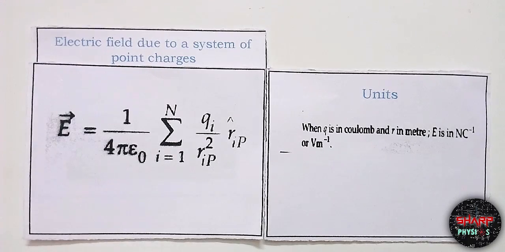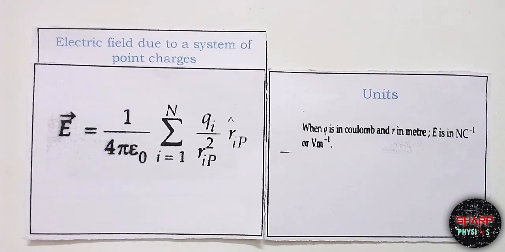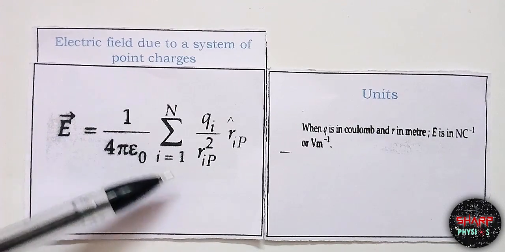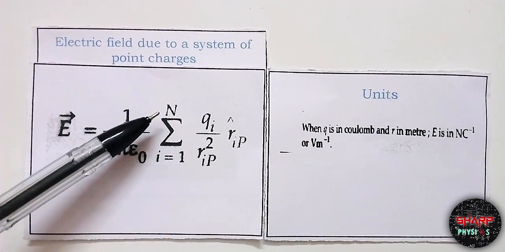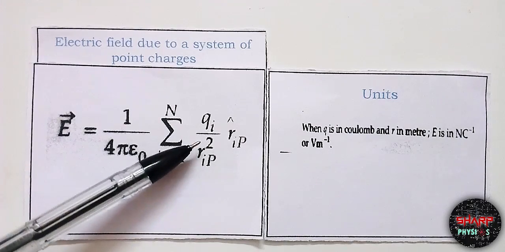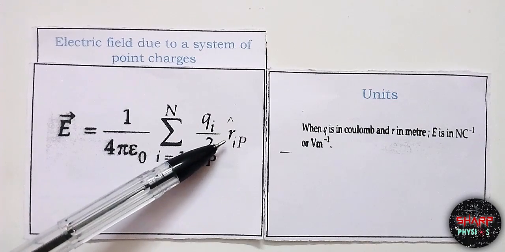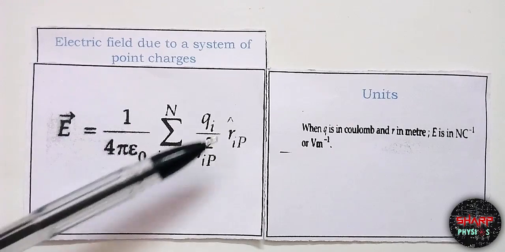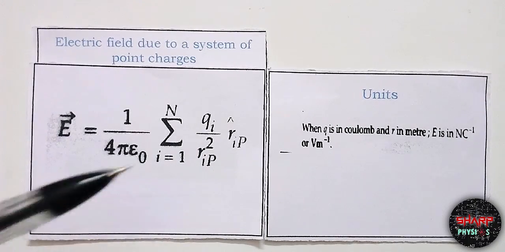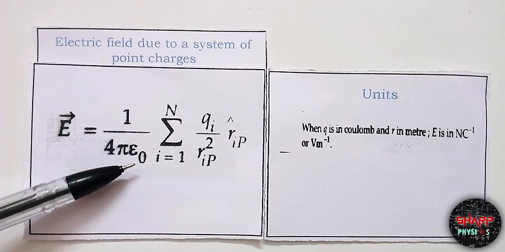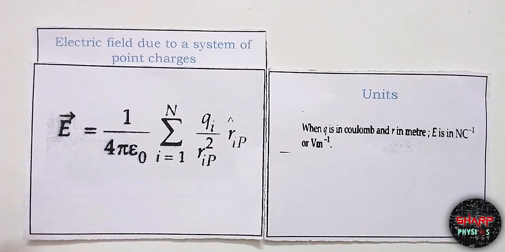Therefore, for the electric field due to a system of point charges, you have the formula: E vector is equal to 1 by 4 pi epsilon 0 times the summation of i equals 1 up to n of Qi divided by Rip square, into Rip vector. Here Q is the charge and R is the distance, epsilon 0 is the permittivity of free space, and n is the number of charges.